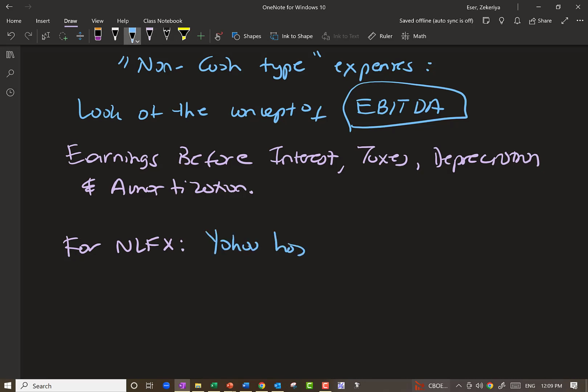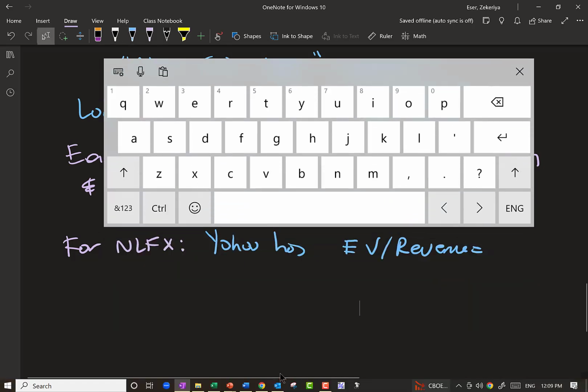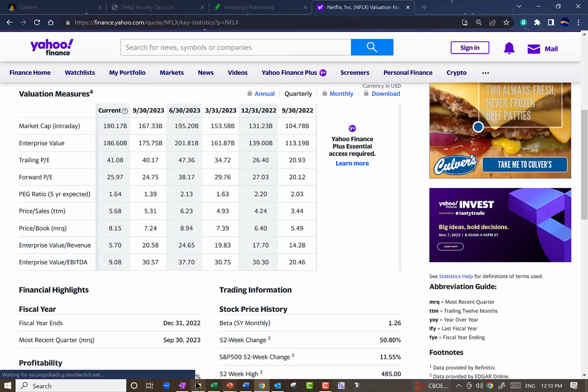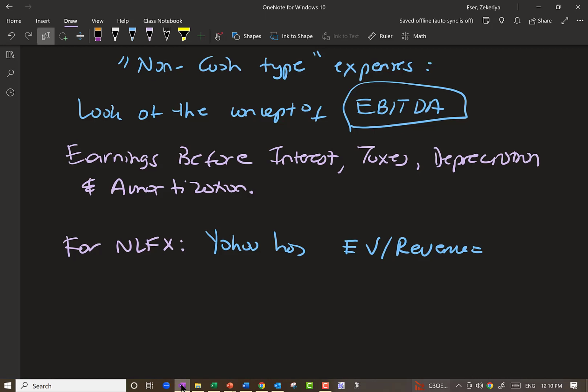Yahoo has EV over revenue of 570. Revenue per share.